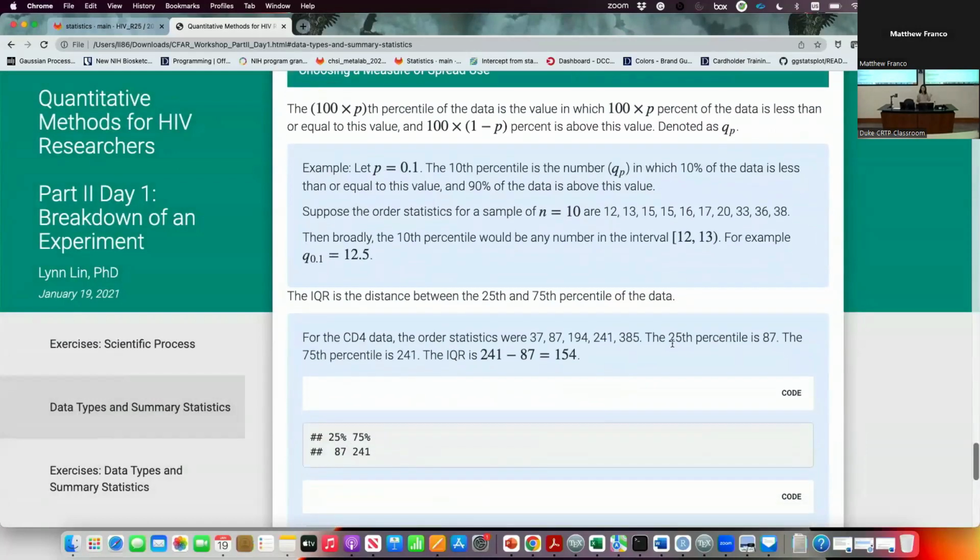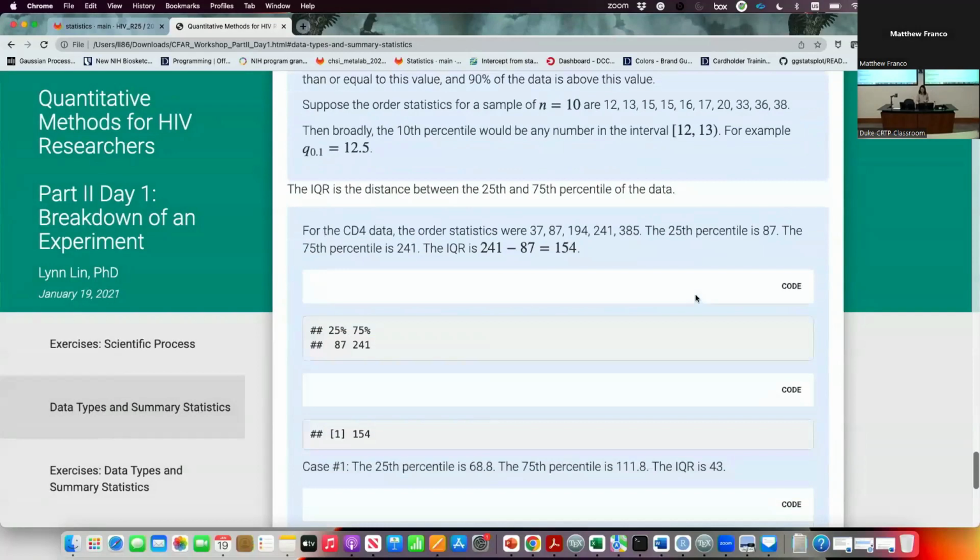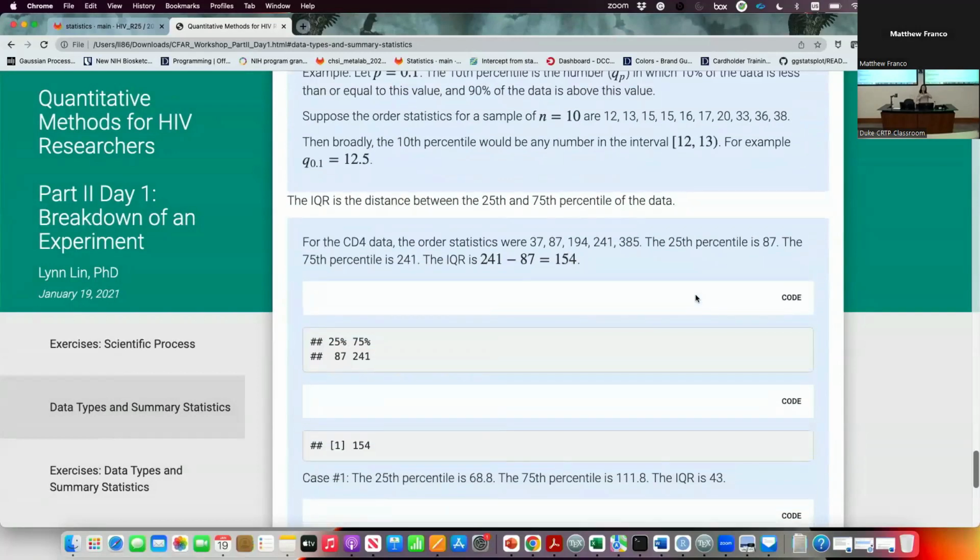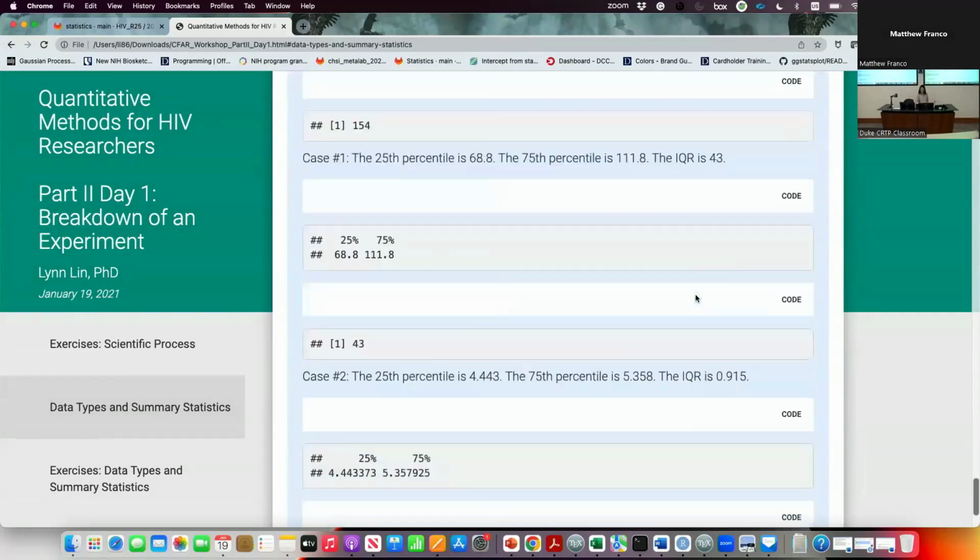The IQR is defined as the distance between the 25th and the 75th percentile of the data. It gives you the range of the variability of the sample. Obviously, the larger the IQR, the more heterogeneity the data have with respect to the center.